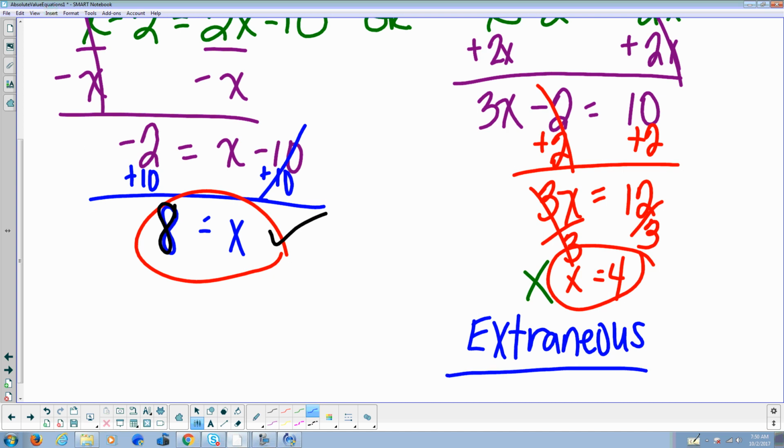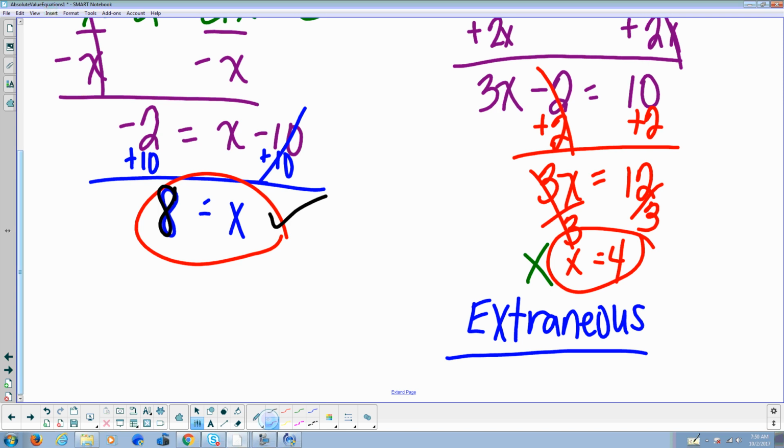It's a solution we found by doing all the work correctly, but when we checked it, it doesn't actually solve the equation perfectly. So when we write our overall answer, we will say x such that x equals 8 only. 4 is not a solution. So this particular absolute value equation only has one solution, and that is 8.